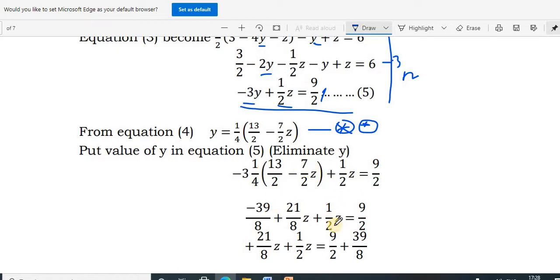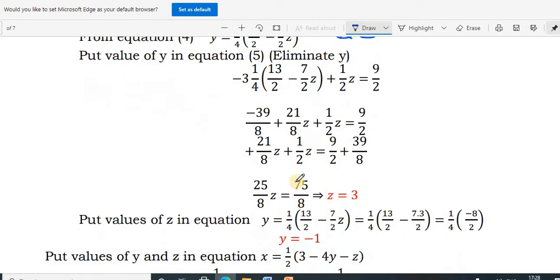Then here plus 1 by 2z, and this 13 into 3, 39 upon 4 into 2, 8. Now 21 by 8 plus 1 by 2z, multiplying by 4 it becomes 4 by 8, so 21 plus 4, 25 by 8z is equal to 9 by 2 plus 39 by 8. Again multiply and divide by 4, so here you get 36 plus 39, that is 75 by 8. And this 8 gets cancelled, so we get z is equal to 3.